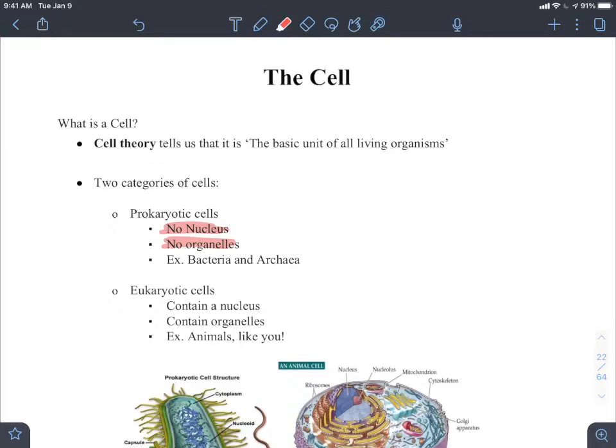Bacteria, if you don't know, cover pretty much every single surface you've ever touched, with the exception of maybe a surface that's just been cleaned with an antibacterial agent, like a very strong alcohol. With the exception of a clean room or a recently cleaned surface, bacteria are everywhere.